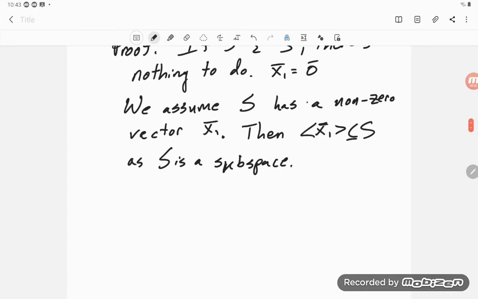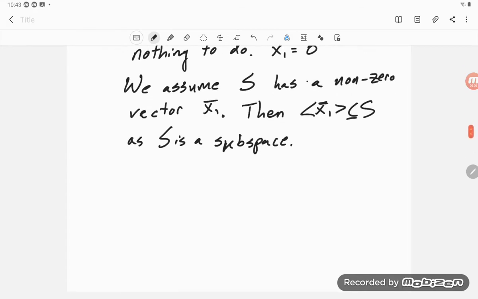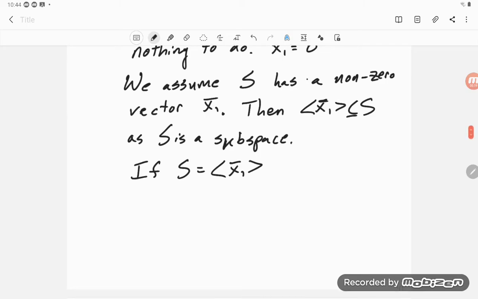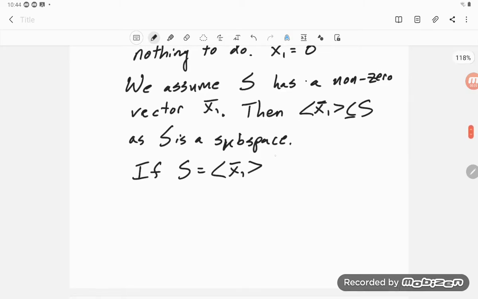Now, if S is equal to that subspace generated by x1, then we're done. We're finished.